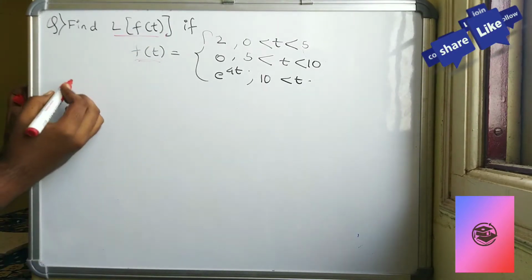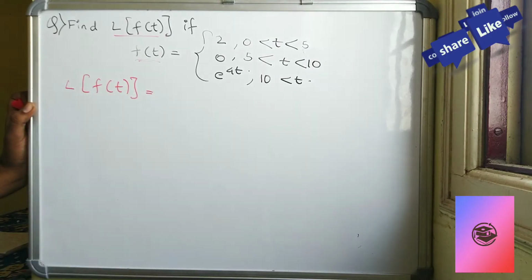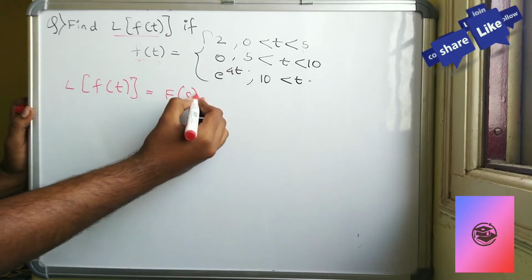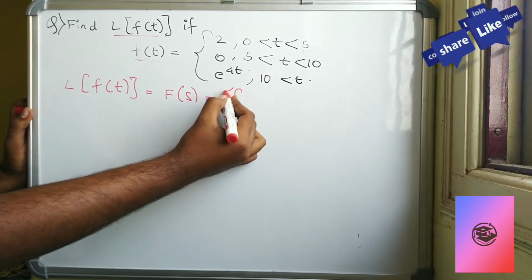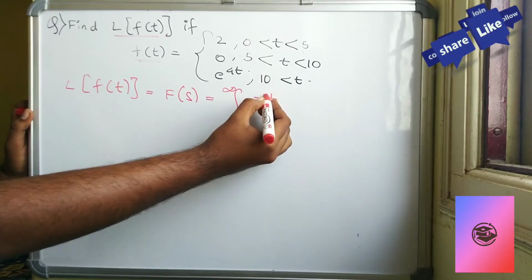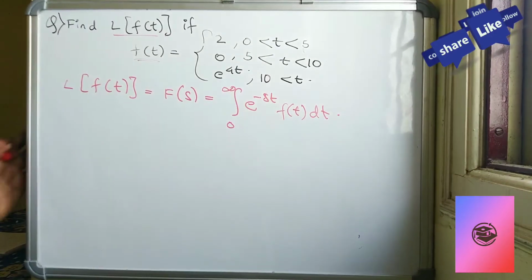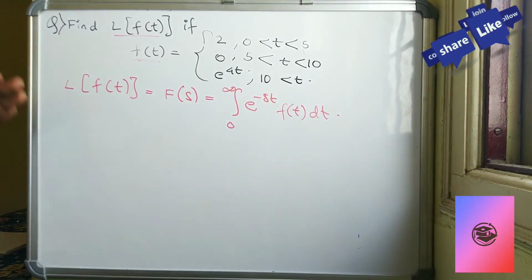Now we know that the Laplace transform, as per the definition, is given as F of s equal to the integral from 0 to infinity of e power minus st f of t dt. So this is the basic definition of the Laplace transform.